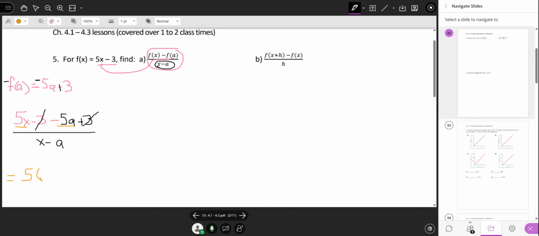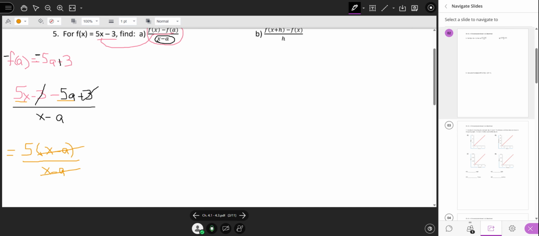That leaves x minus a from the top. And on the bottom I have x minus a. And we did this in chapter 3, by the way. Chop, chop. And that leaves us 5.